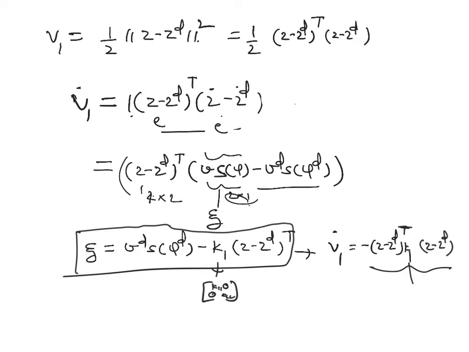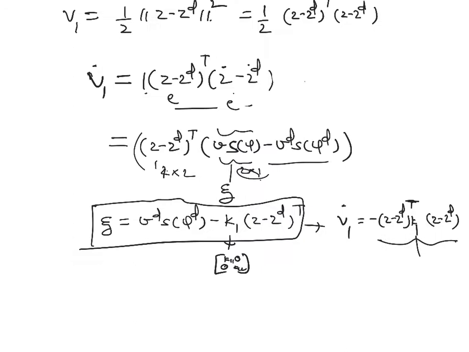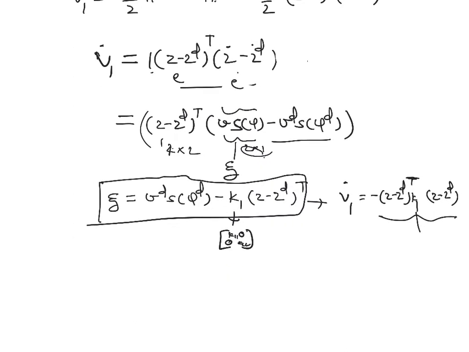So that's good. That means this is what I want this to be, but it is not this. So you have to go back and add and subtract to the original equation and put it into that z variable. What was your equation? Your z dot was v s psi, right?